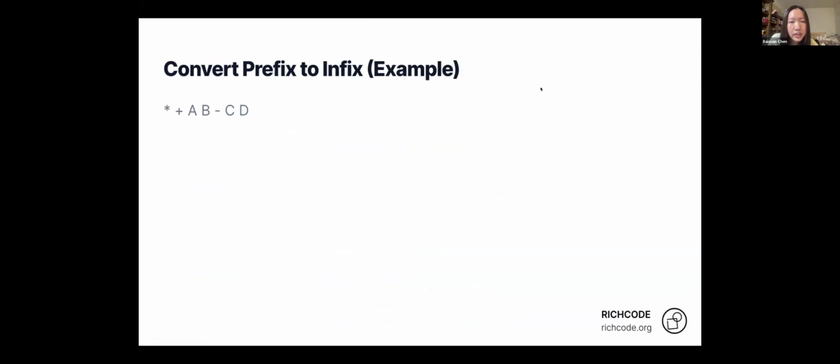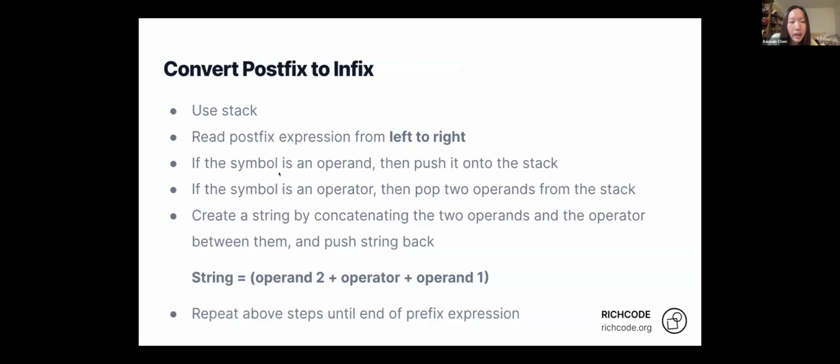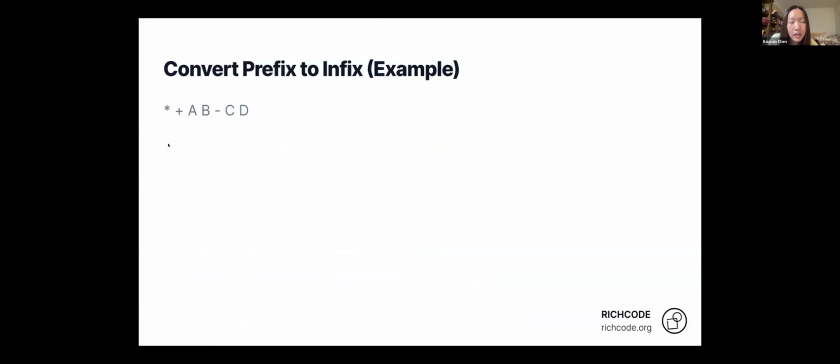So here is an example. In this example, we have multiply, then plus, then A, B, and then minus C, D. Converting prefix to infix, we're going to go through multiple scans. We have two letters together, so we put the plus in between them.